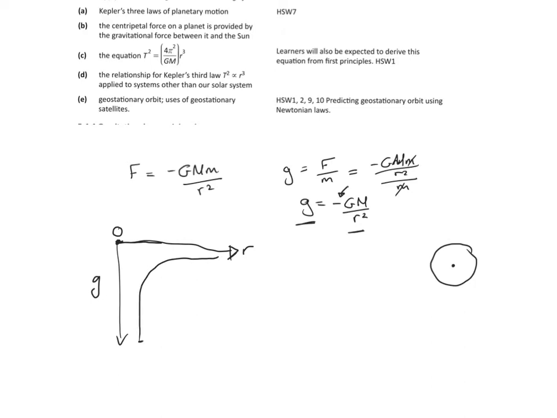Now, this is basically the highest value of g on the graph here. As distance increases, so as you go further away from the center of the mass, your value of g decreases. Let's say this was for the Earth, this was minus 9.81 at the surface of the Earth.